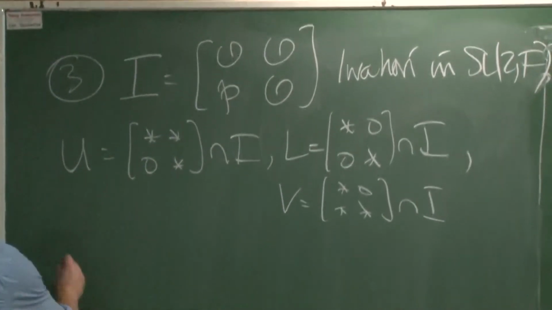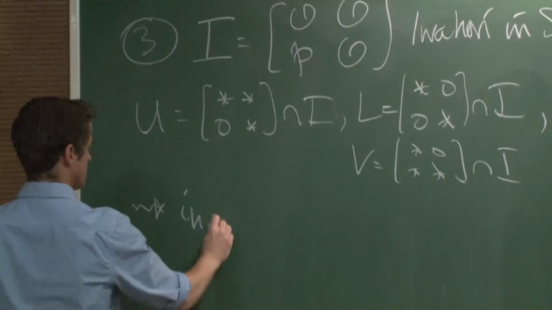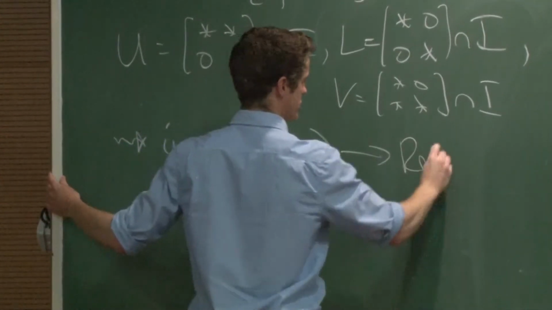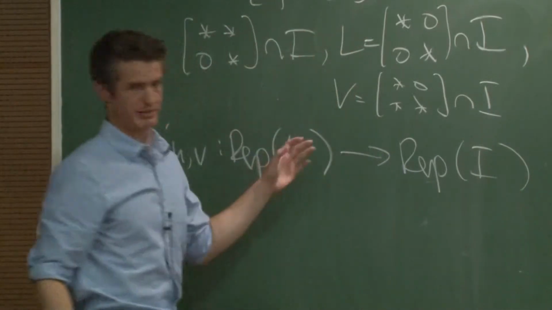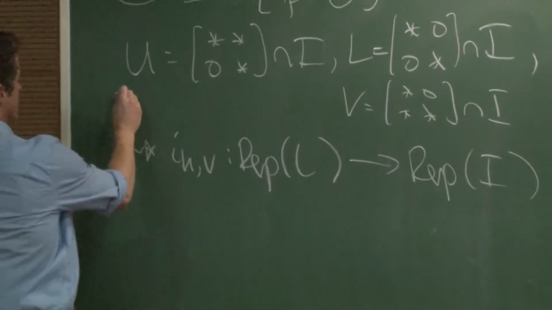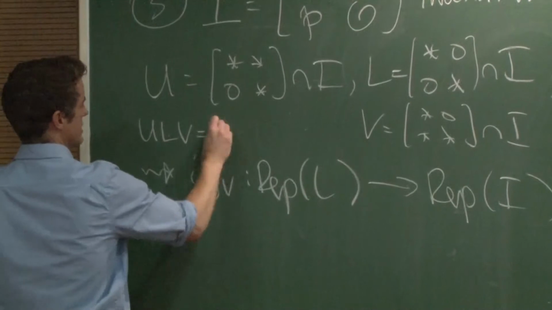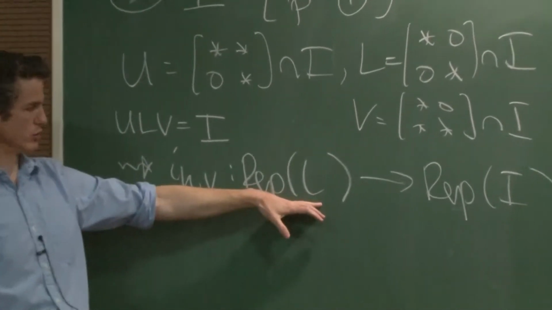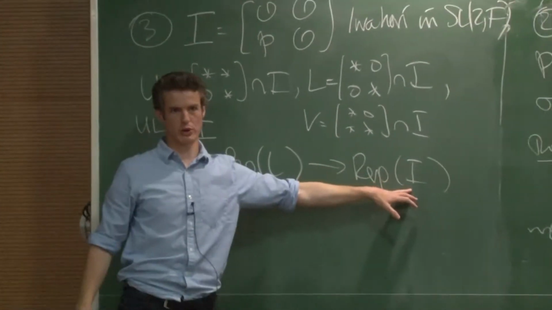So we get a functor from smooth representations of L to smooth representations of the Iwahori. What is that explicitly? Notice here that U times L times V is equal to I. So by this result that I mentioned, this functor is going to send irreducible representations of L to irreducible representations of I.